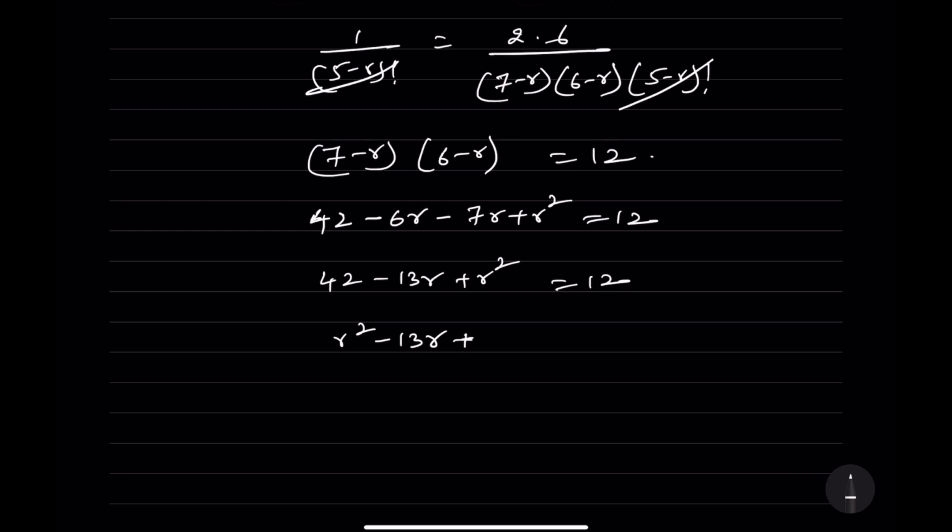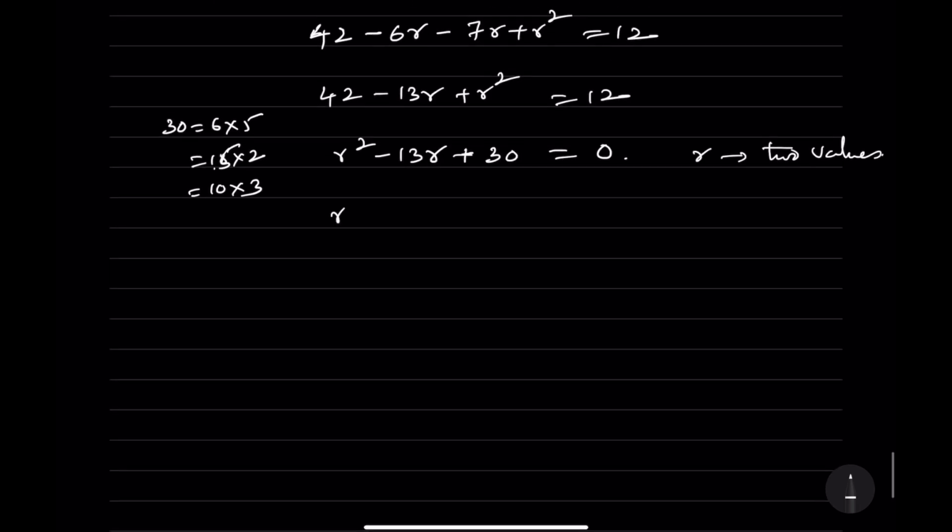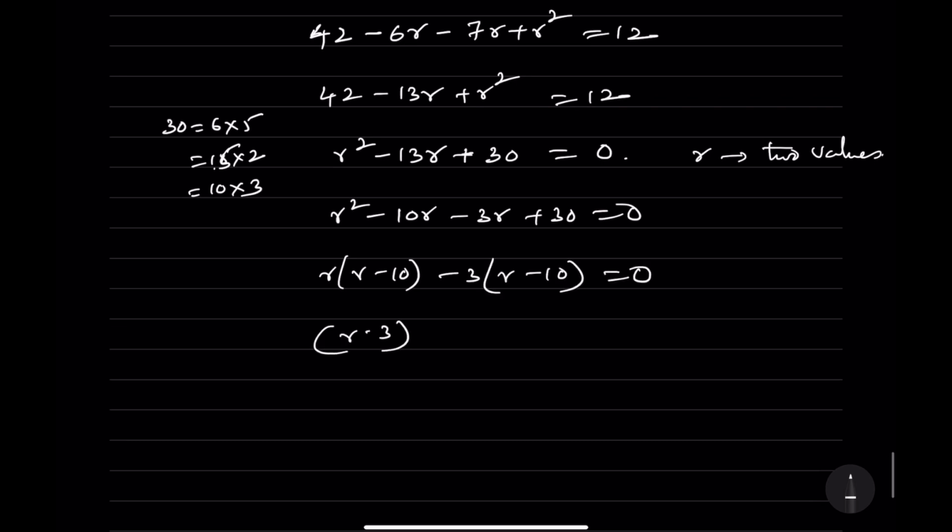Now for this you have to find the factors. It's a quadratic equation, so we'll get two values for r. What are those values which satisfy this? r square minus 10r minus 3r plus 30 is equal to 0. r into (r minus 10) minus 3 into (r minus 10) is equal to 0, or (r minus 3) into (r minus 10) is equal to 0.